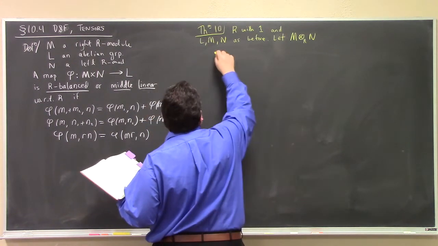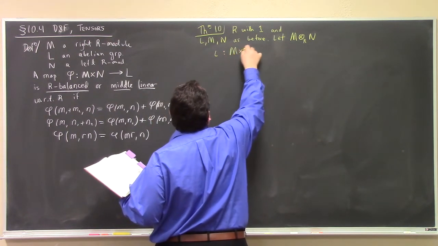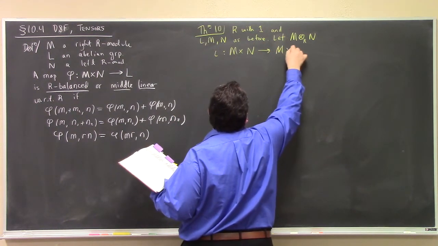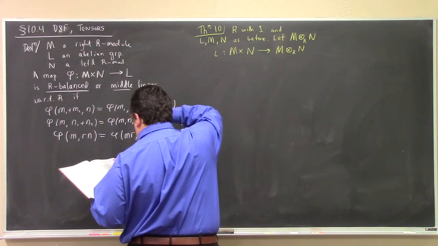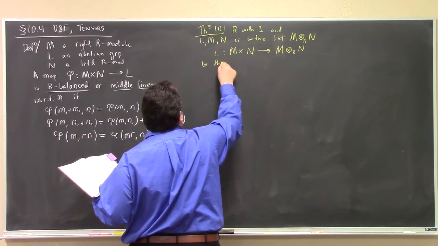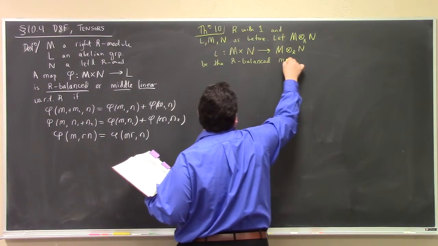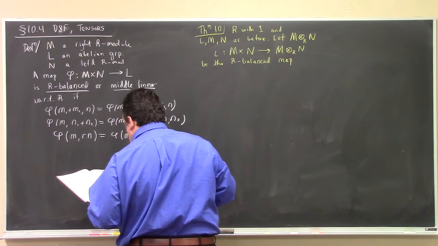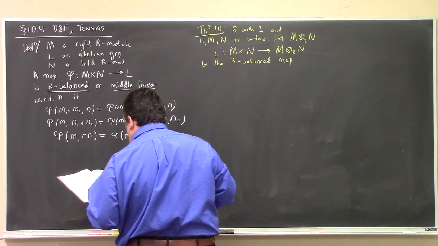And then let iota from M cross N to M tensor N be the R-balanced map as defined above. All right.